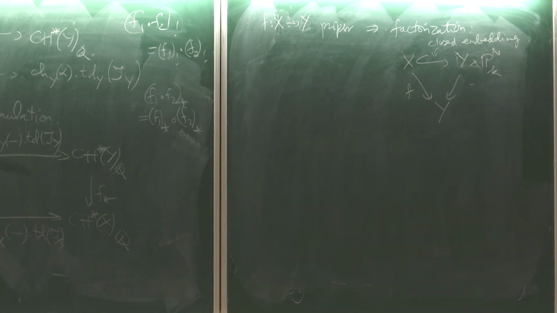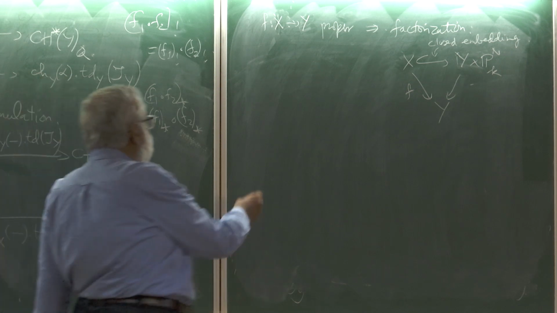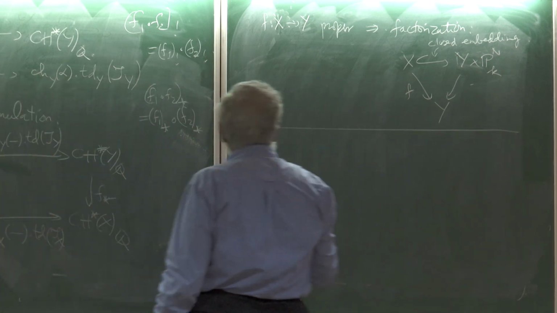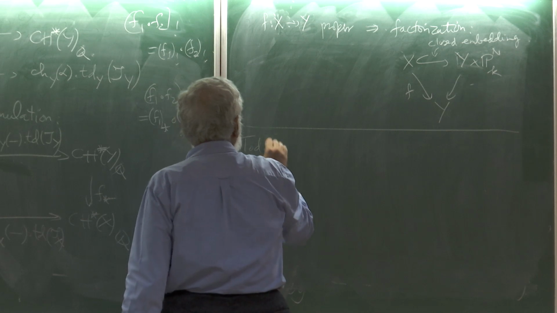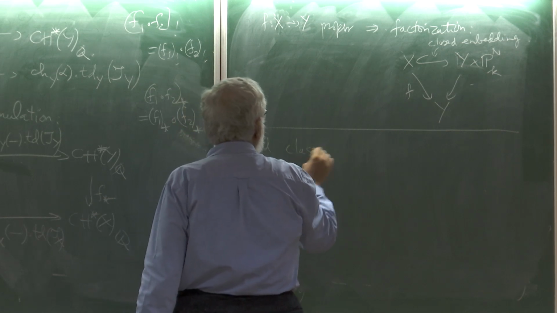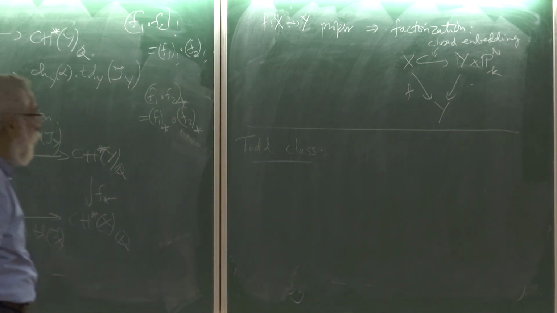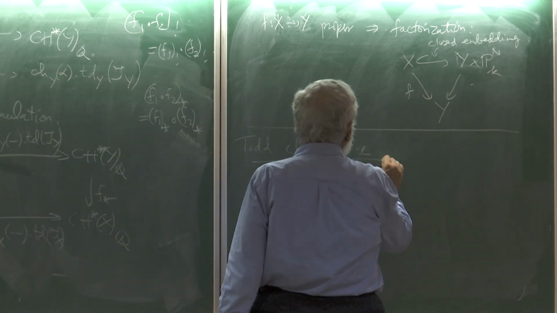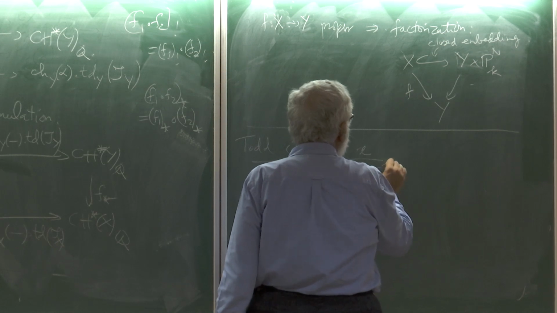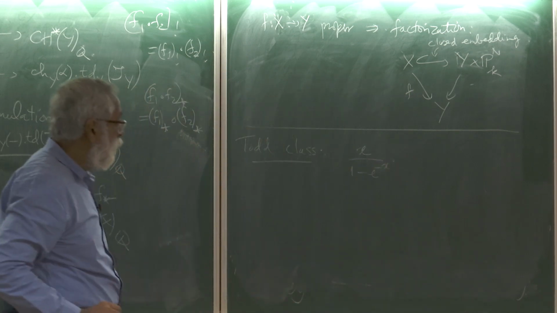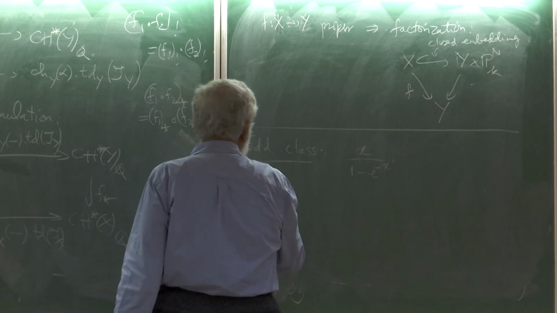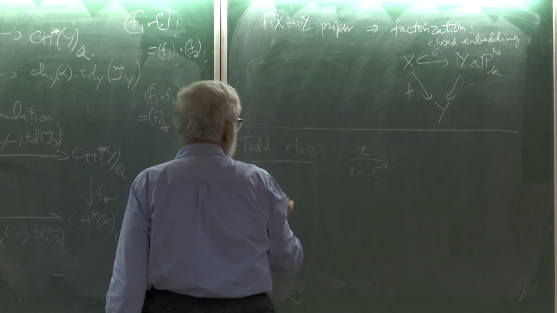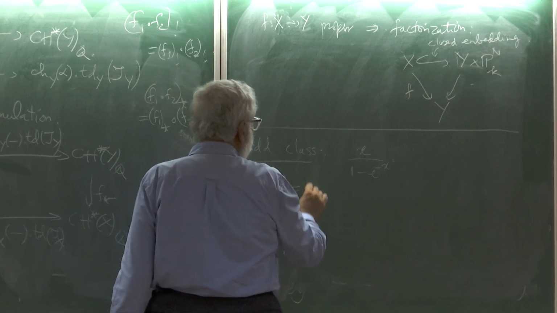Let's come back to the Todd class again, since there were some mistakes in what I tried to do last time. Indeed, we do take the power series x over 1 minus e to the minus x. This is the correct power series. And then you define Todd of vector bundles as a product.